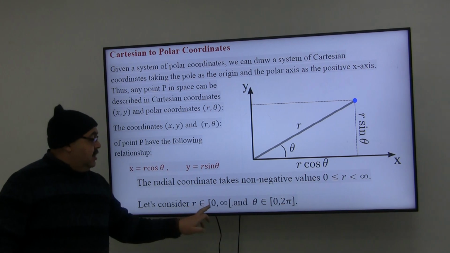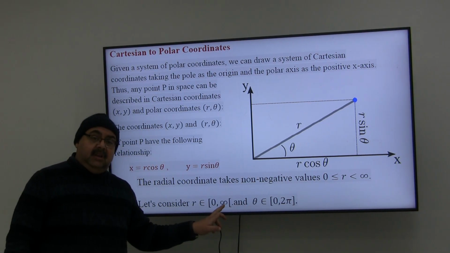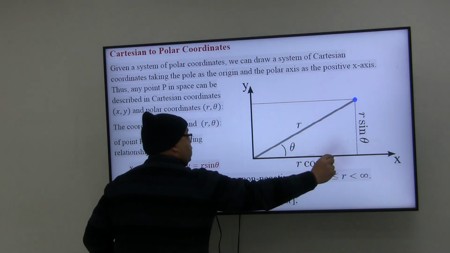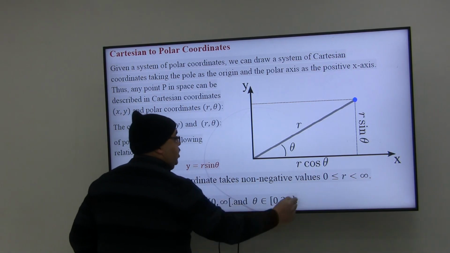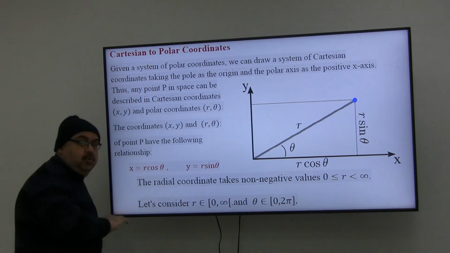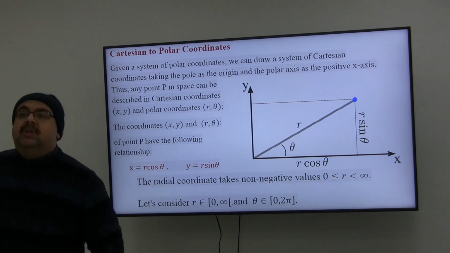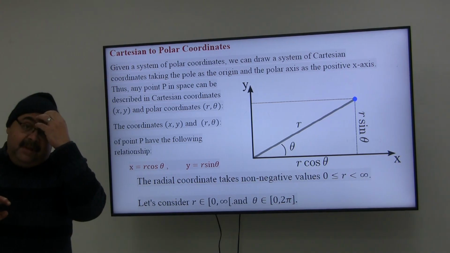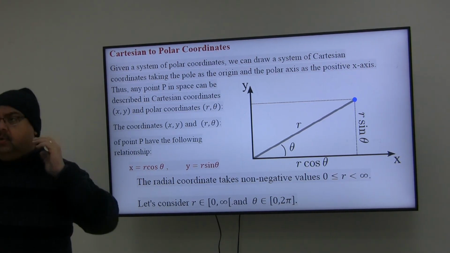And of course, r runs from 0 up to infinity, and theta will go from 0, the positive direction of the x-axis, to 360, and this way you will cover the whole plane. So the idea simply is to cover the plane. If I am in the xy plane, I need to cover it.